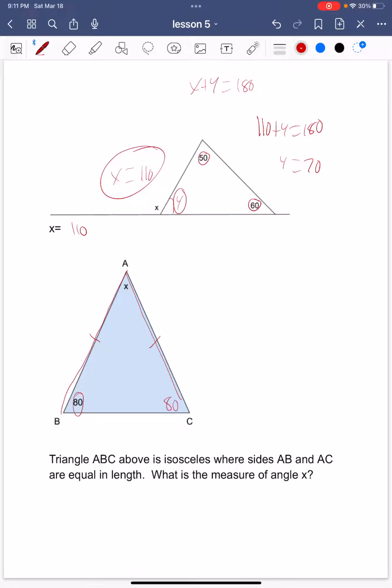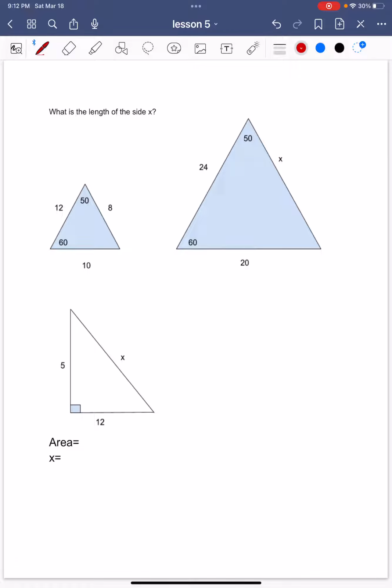And since they're equal, it has to be 80. And since the sum of the degrees in the triangle is equal to 180, we know that x and the two 80s add up to 180. So 160 plus x equals 180. That means x equals 20.